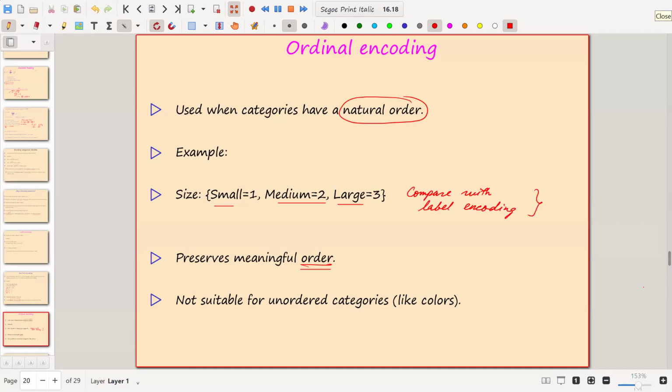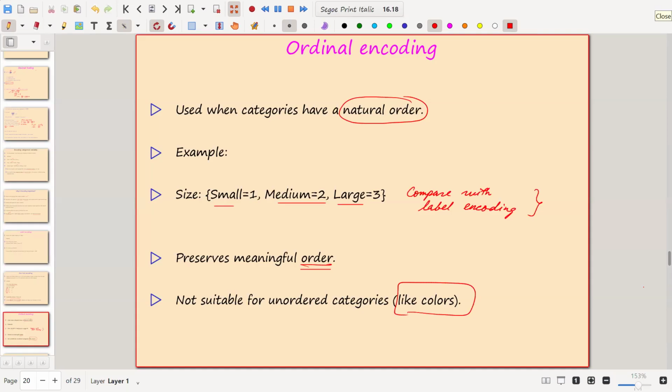I mean, saying green is greater than red is meaningless. But yes, large is greater than small, it is meaningful. It has a natural order to it. However, for colors, which don't have any order, it is not meaningful. If you have categorical variables like colors, you can apply label encoding.